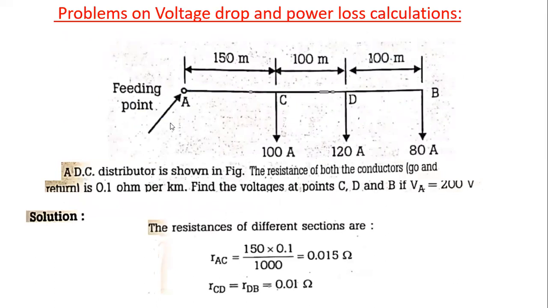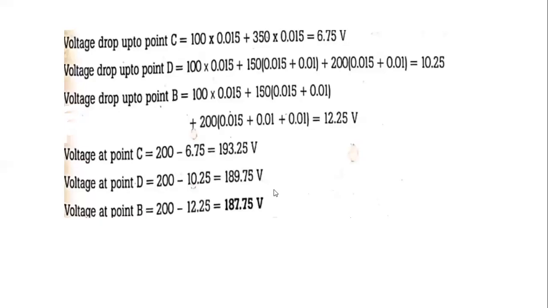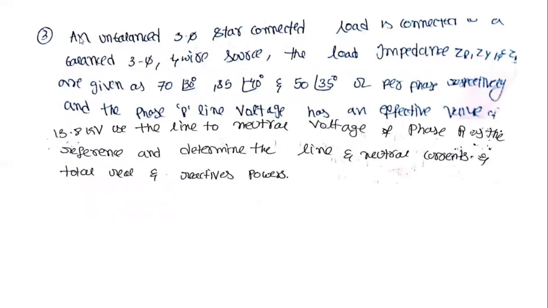This is the DC distribution system fed at one end for non-uniform loading. Similarly, we calculate another problem. An unbalanced three-phase star connected load is connected to a balanced three-phase four-wire source.